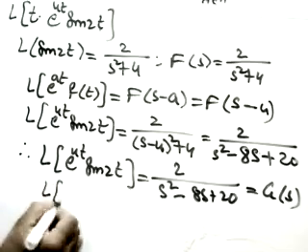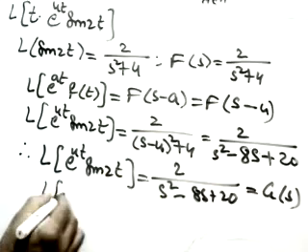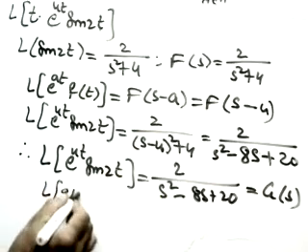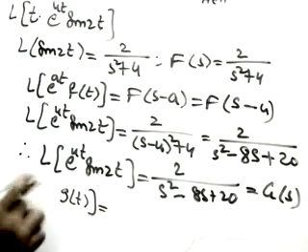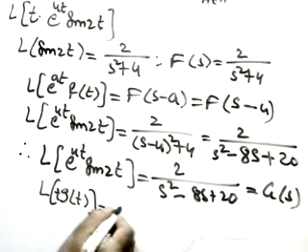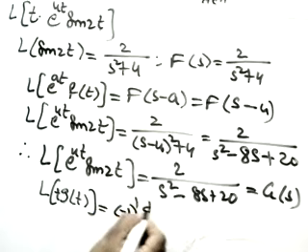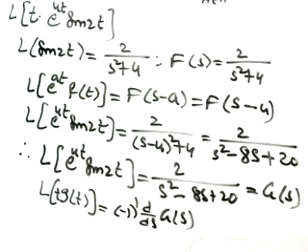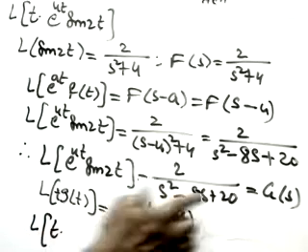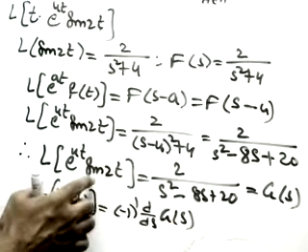Now we have to multiply with t. So if we multiply with t, already we have supposed F of s is here, suppose this is g of t. So what is the formula when we multiply with t? When we multiply with t, the formula is minus 1 power 1 d by ds of G of s. So in this way, let me do Laplace of t into g of t.